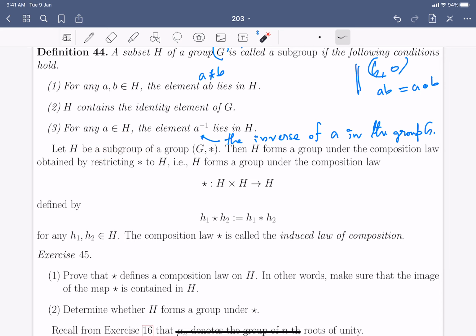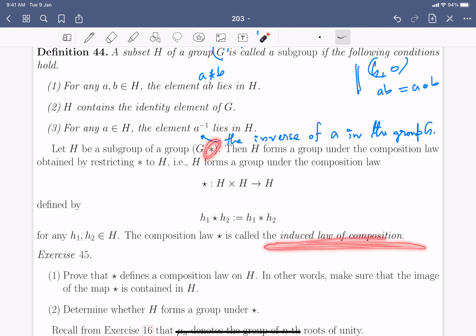If you pick any two elements h1 and h2, we compose them within H as per this new composition law, which is the restriction of the composition law of G. The standard terminology is that we induce this composition law on H from the composition law on G. So this is called the induced law of composition.